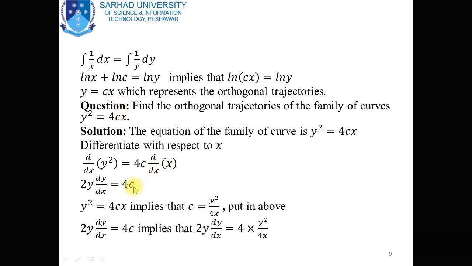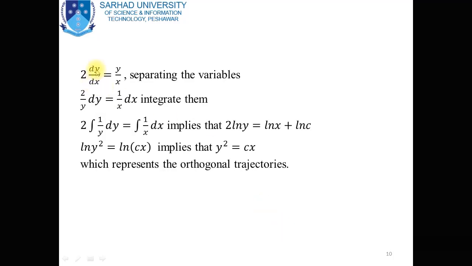Now find the value of c from the given equation: y square divided by 4x is equal to c. Putting the value of c in this differential equation, we get 2y dy by dx is equal to 4 multiplied by y square divided by 4x. The 4 cancels, and we get 2 dy by dx is equal to y by x.